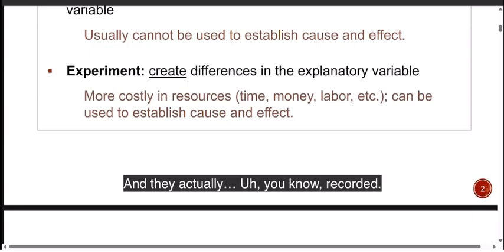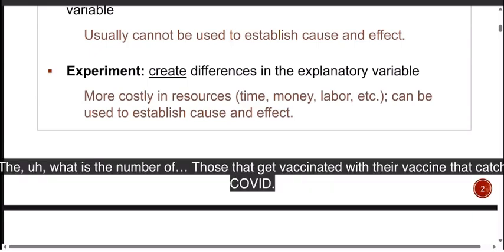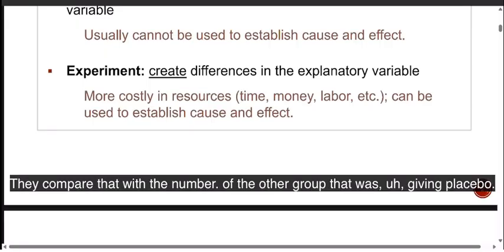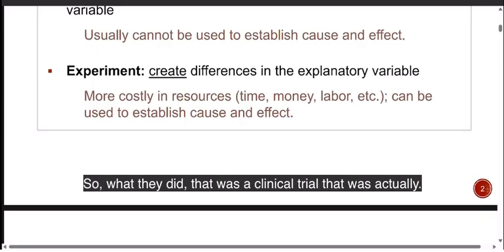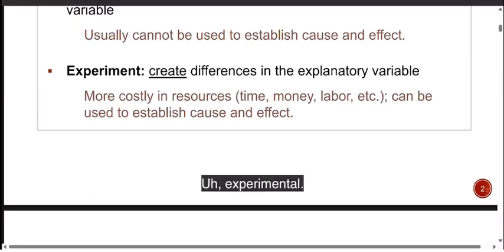They recorded the number of those vaccinated with their vaccine that caught COVID, and compared that with the number in the other group that was given the placebo. At the end of the day, they realized that their vaccine worked. That was a clinical trial, an experimental study.